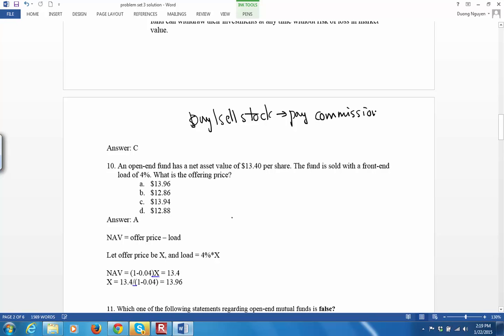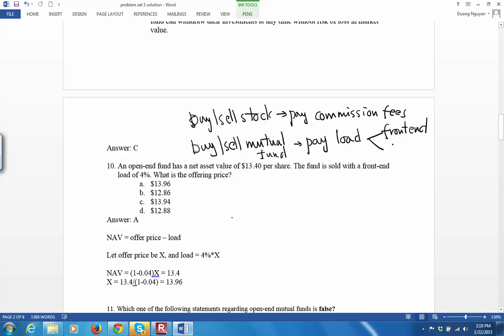But when you buy or sell a mutual fund, you pay a load. You have a front end load, which is the fee that you pay when you buy, and you have a back end load, which is the fee you have to pay when you sell.